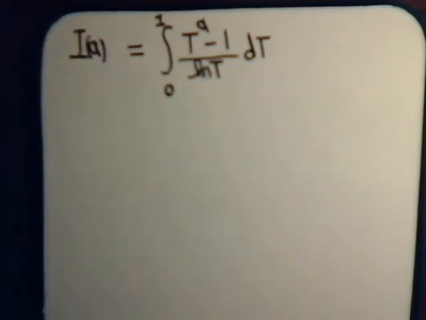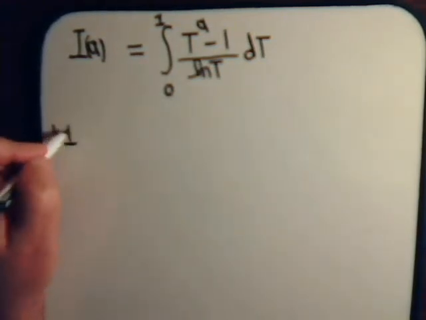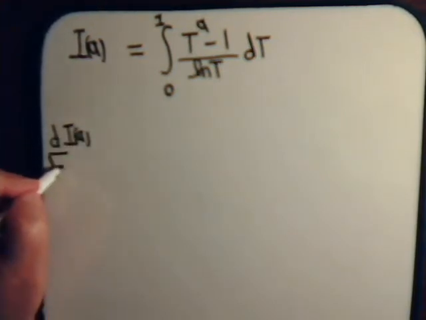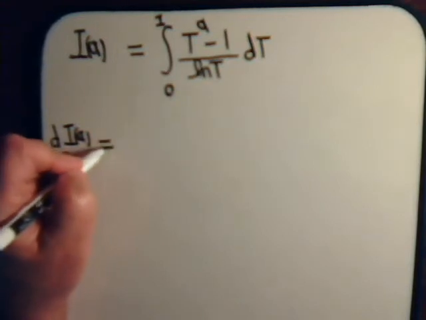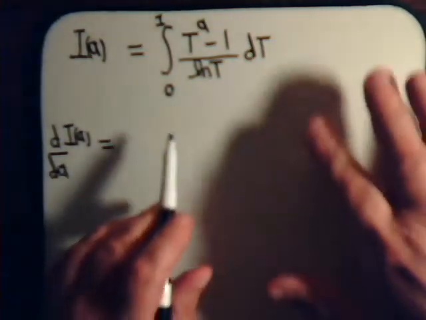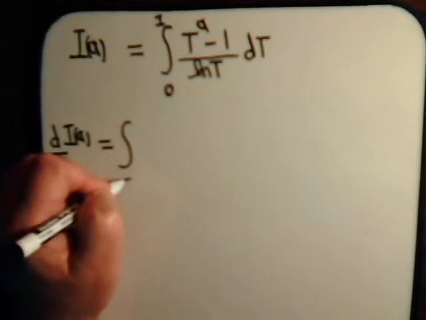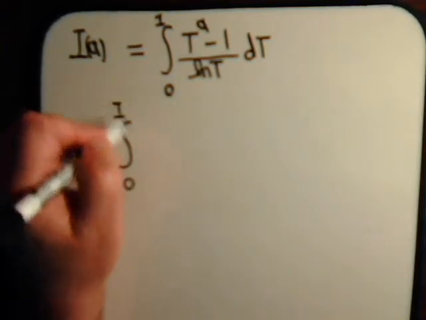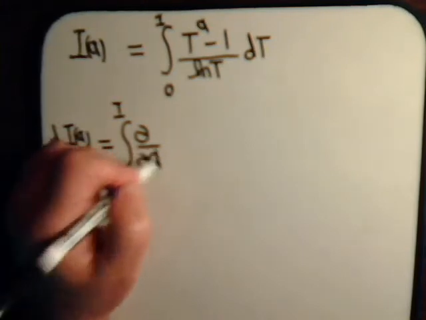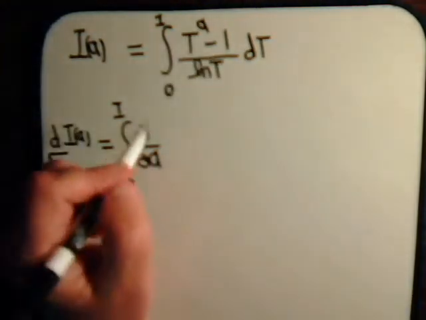So let's take the derivative of it with respect to a. That equals, and then we just simply take the differentiation process inside of the integral. Take the partial, and now we're doing it as a partial derivative because our function here is a function of t and a.